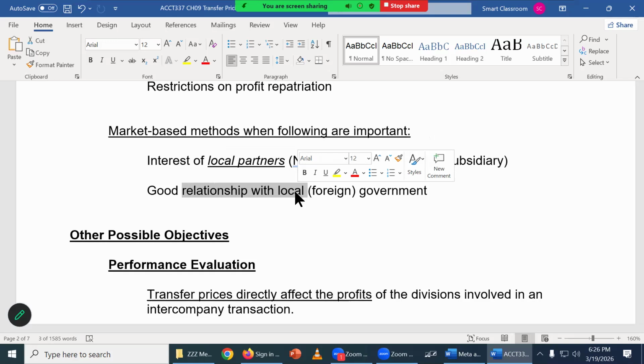I don't know if they still have it, but India used to have a rule. It wasn't that they prohibited it, but there was no law that allowed foreign investors to directly invest in businesses in India. You had to team up with somebody. You couldn't just go in there and say, "Hey, we're Ford Motor Company.